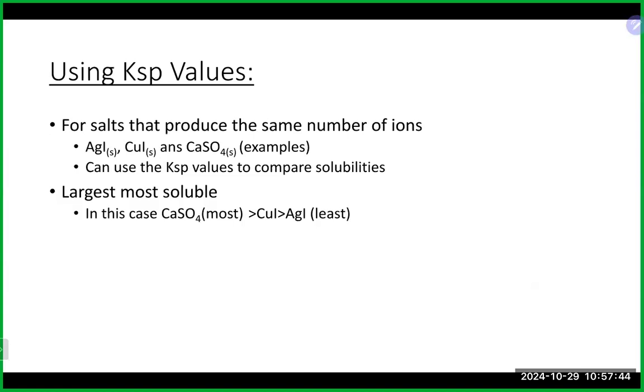So can we use KSP values that we find in tables to help us determine, for example, which substance would be perhaps more soluble or less soluble if we had a couple of those together? The answer is yes and no. You can use the KSP values in certain situations to make a prediction on solubility, but in some cases you cannot.